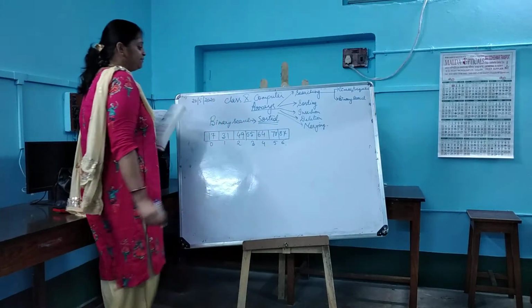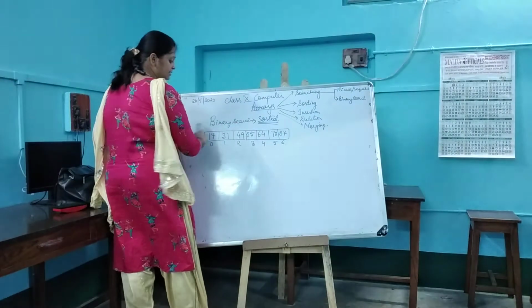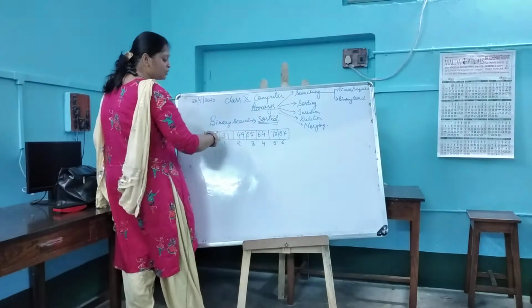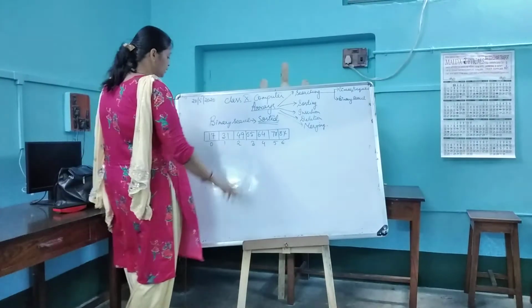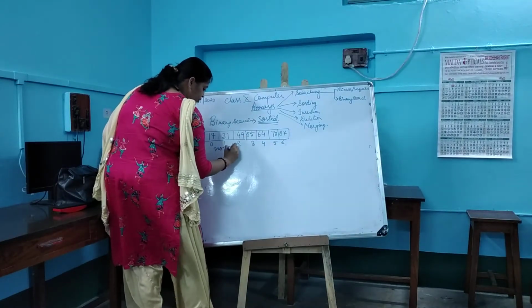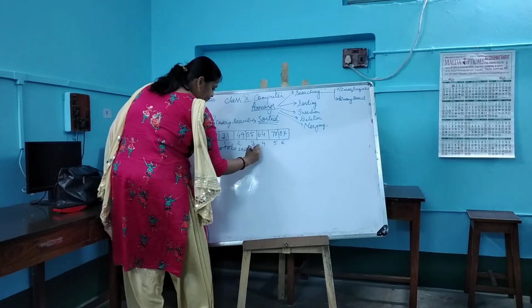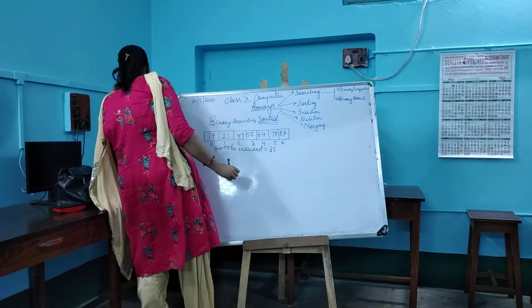Now you can see from the list that this list is in a sorted form. That means the elements inside the list are arranged. So this is our list ready, and the number to be searched, say for example, is 31.